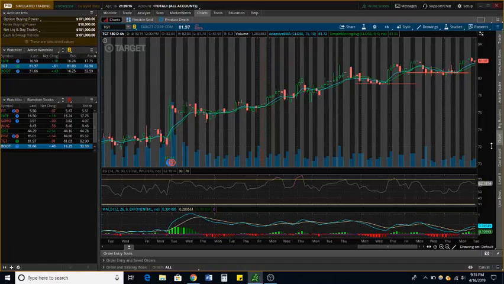I'm not sure because there's no clear resistance, so I don't really know where I would sell. Right now it looks like it's doing another one of these humps here, where it's going to go a little bit higher. Like you see here, there's a little bit of these red candlesticks, and then it pushes up. Red candlesticks, pushes up. So I think this would be a nice time to buy.